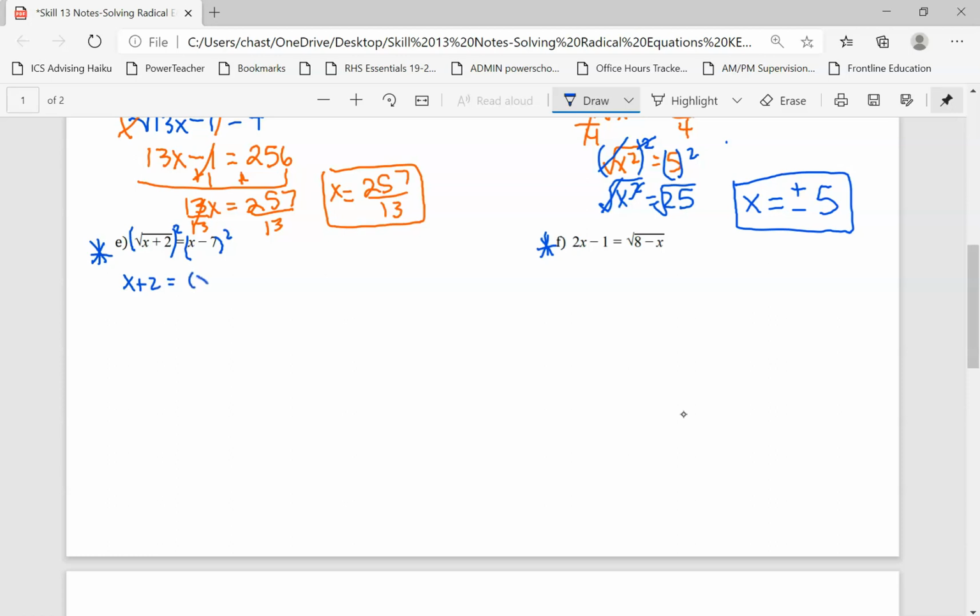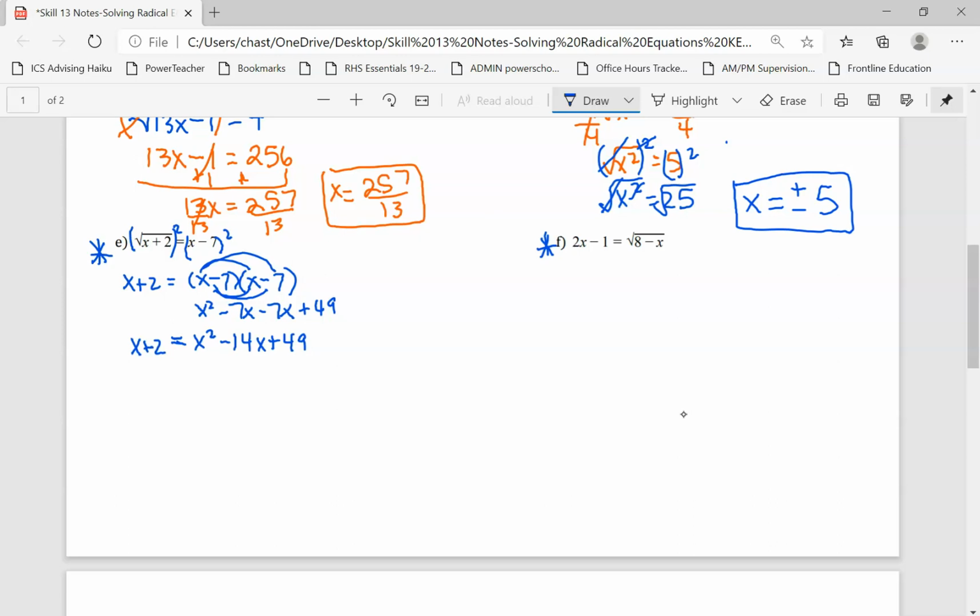Now on this side, I have to multiply out x minus 7 times x minus 7. So we get x squared minus 7x minus 7x plus 49, which gives us x squared minus 14x plus 49. And remember, that's still equal to x plus 2.